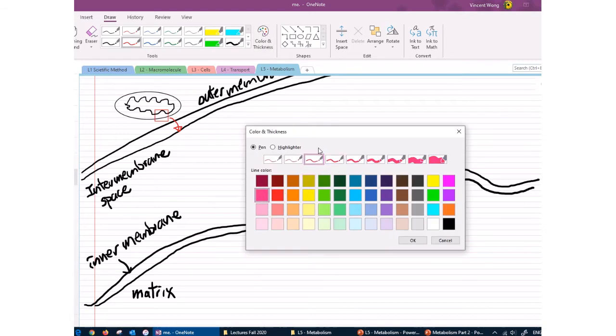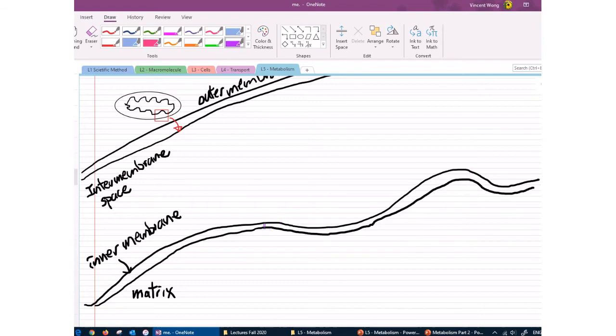For simplicity, I'm just going to put one electron transport chain. They are basically membrane proteins that are embedded within the inner membrane. So this whole thing here, that's going to be the ETC, and again, they are membrane proteins.